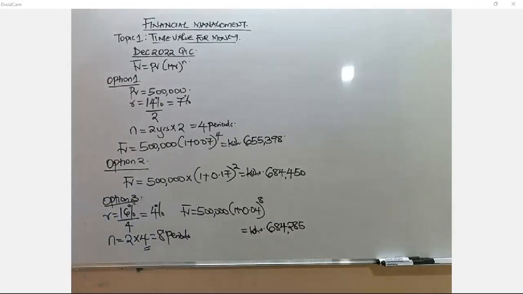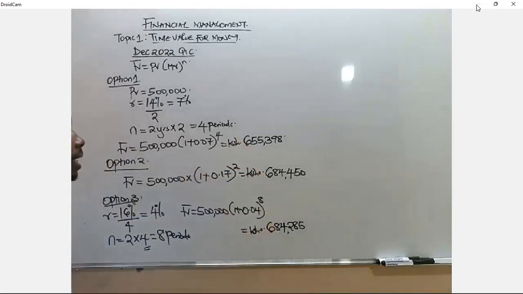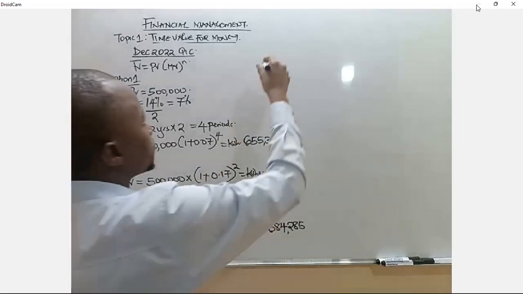let me go to the question and read it. Using the suitable computations, advise the client the best investment option that he or she should consider. So in this scenario, you are just going to be looking at the future values. Which one has the highest return? In this case, we can see option 2 is recommended.